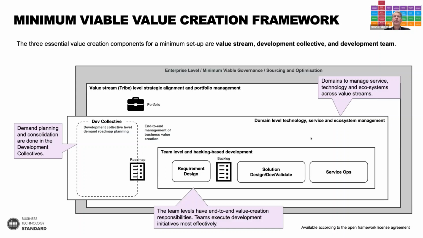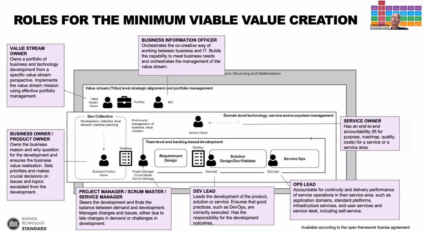You can also use this, as we have been doing, to identify what the minimum roles are in order to lead such an organization. We have a further extension explaining all the roles, but here are the key ones summarized: the business information officer, the value stream owner, the business and product owners.